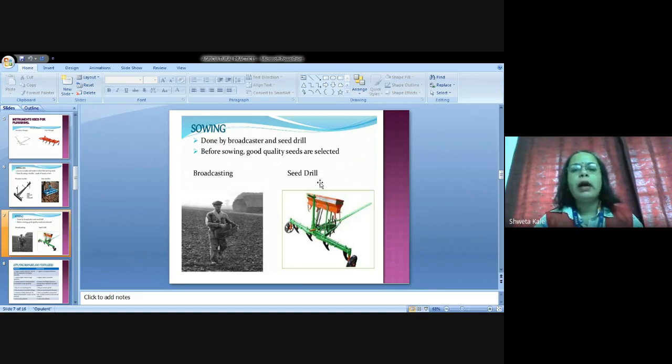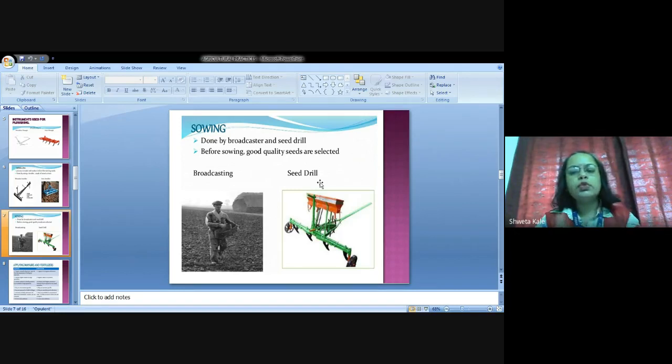In broadcaster, as you can see in the diagram, a person is having a basket in his hand and simply he is taking those seeds and distributing them on the land. That's it. Second, the modern technology involves the use of seed drill.